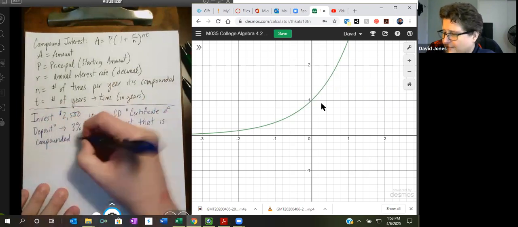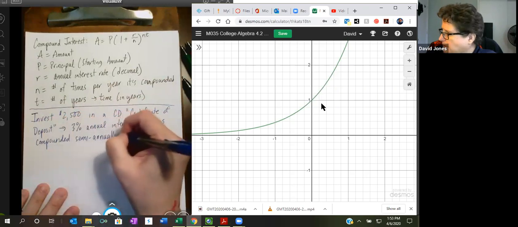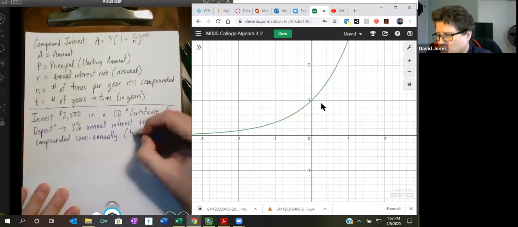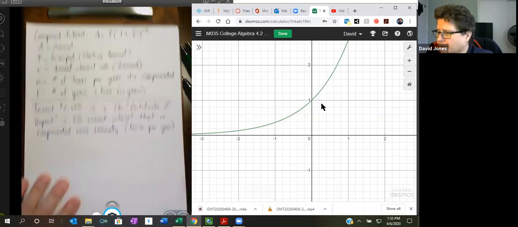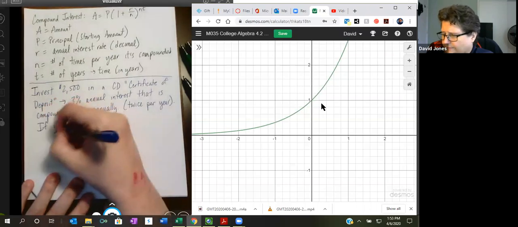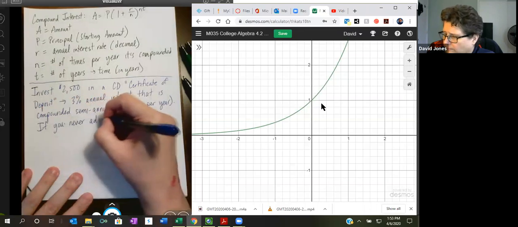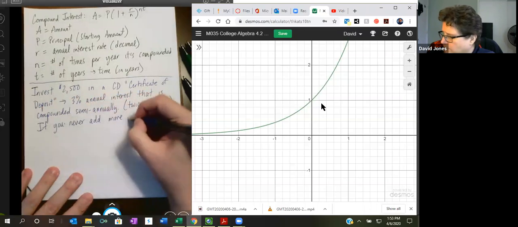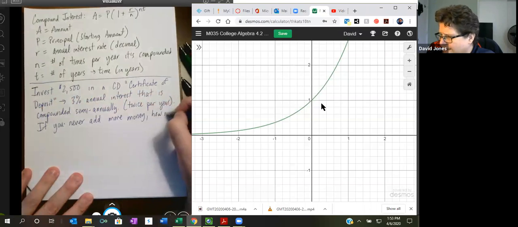Semi-annually is not that good, but it's twice per year. If you never add any more money, how much will you have in 10 years?